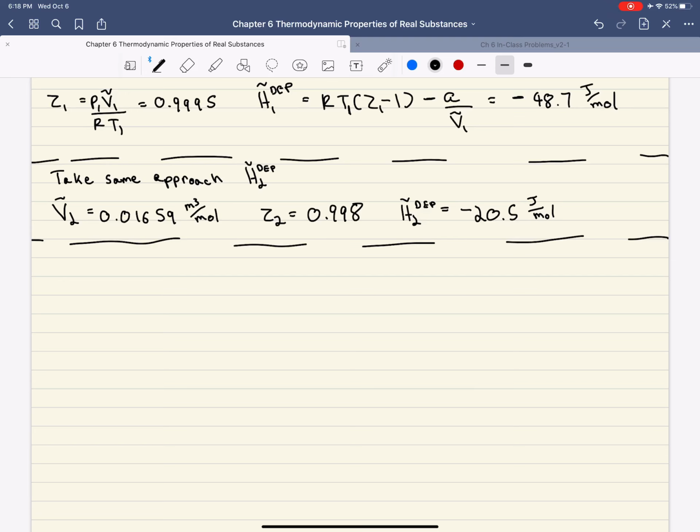Alright, so now that we've solved for both the ideal gas and the departure function contributions to the total delta H, from our energy balance, we could relate those things back to the normalized shaft work. Plus H2 departure minus H1 departure. Okay.